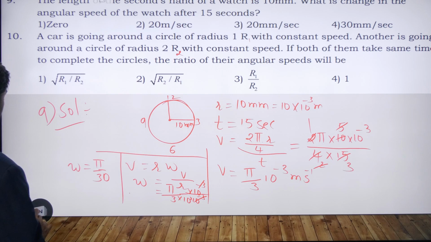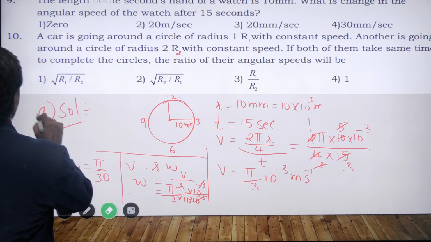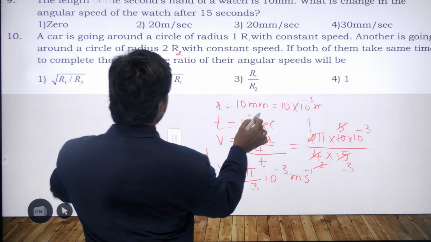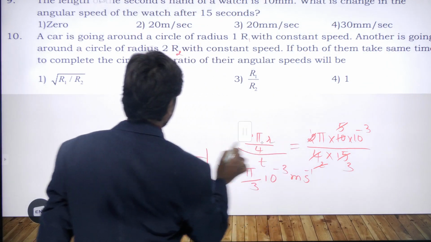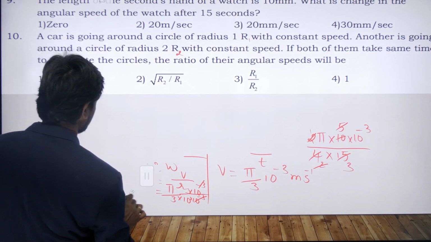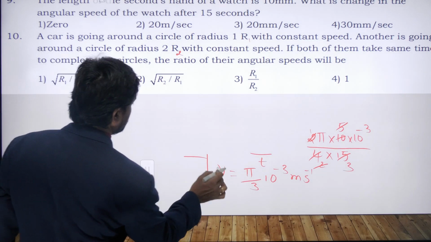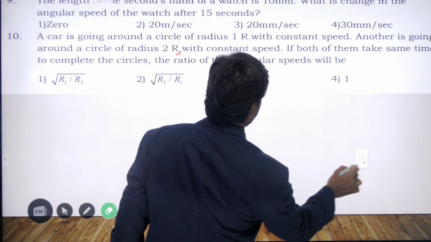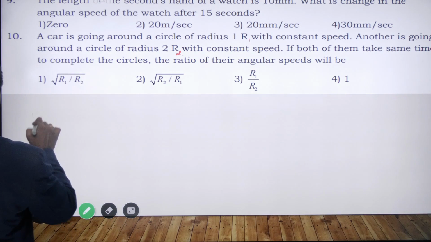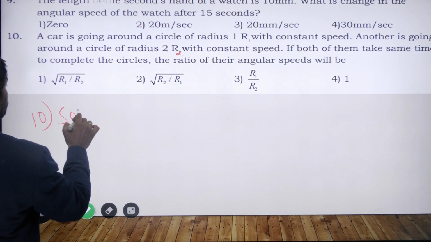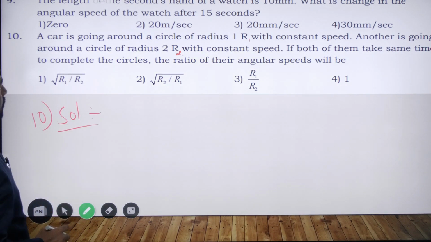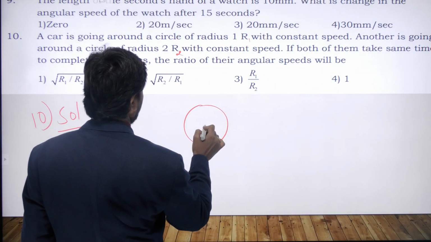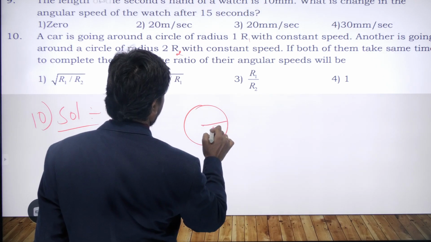So now we'll see that problem. 10th problem we see here. A car is going around a circle of radius r1.